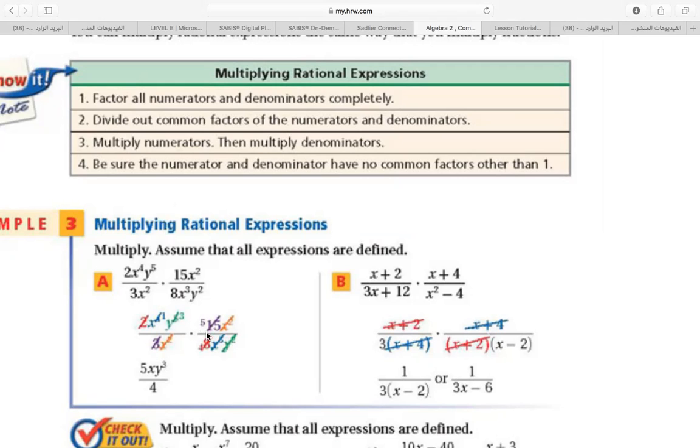What is nice here is that they colored what will be common together. What are the common factors together? They colored them by the same color. If I take x here, I have x to the power 4 up and down. I have here x to the power 3.